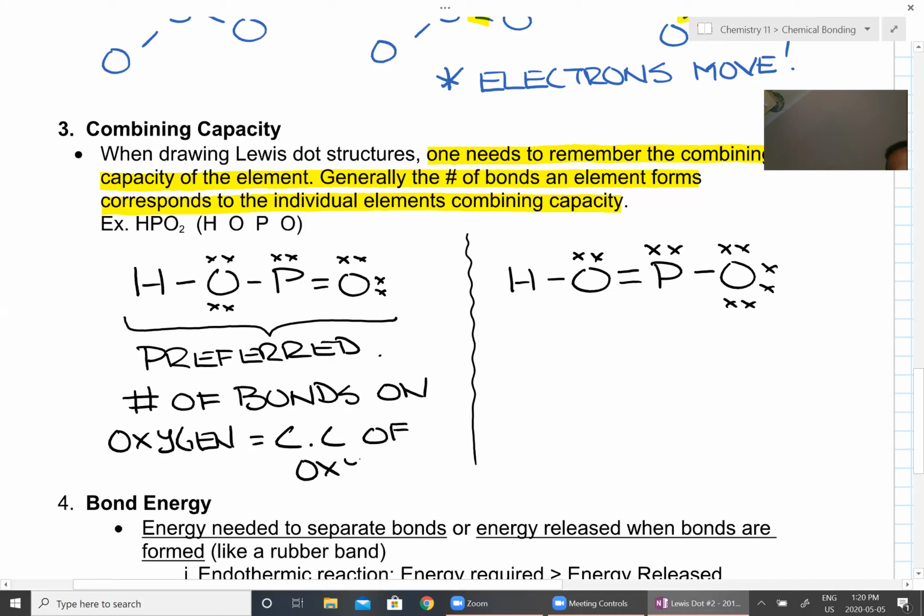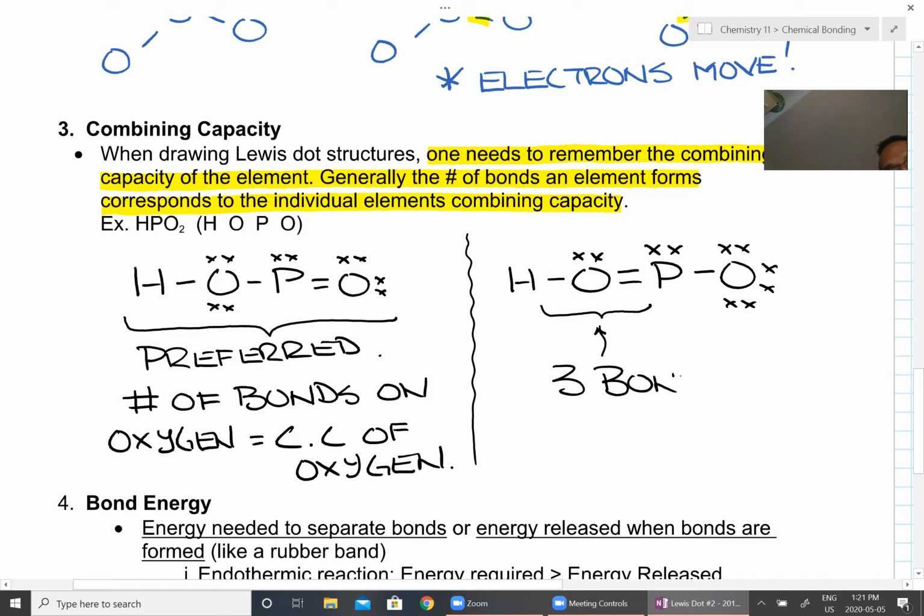Now, let me just finish this off. For oxygen, what happens is the charge is -2. So it would like to have a maximum, if possible, 2 bonds. In this case, notice this one, there are 3 bonds.